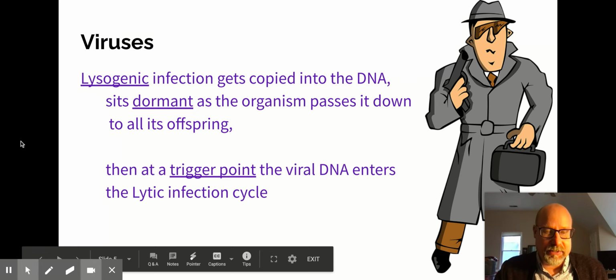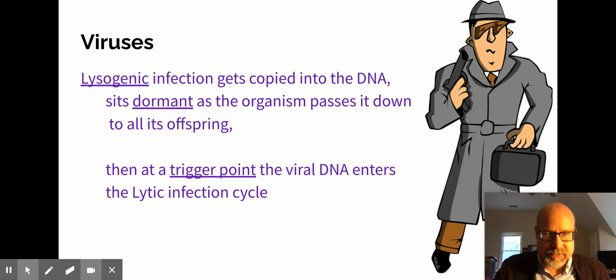The lysogenic cycle is like the secret agent version. In a lysogenic cycle, the infection gets copied into the DNA. So what happens is that the DNA of the virus is copied into the DNA of the bacteria.